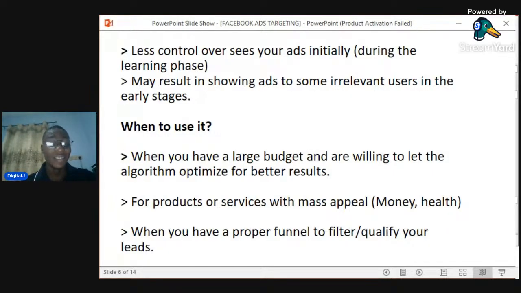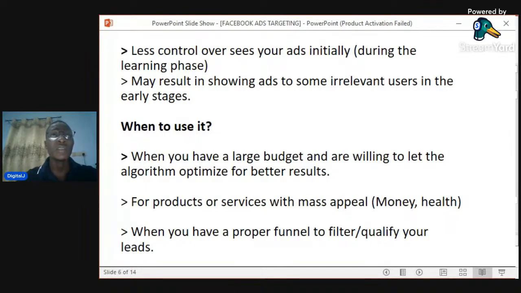Now, this is very important. Let me explain. Let's say that you are running ads to your WhatsApp DM, and you are selling something. Let me use something like make money online.